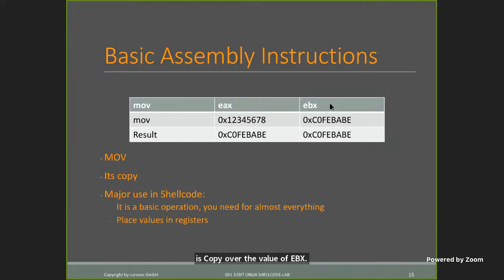In our scenario here, before the copy, in the next line, we have some hex numbers, 1, 2, 3, 4, 5, and so on. And in EBX, we have coffee babe. As soon as this instruction is executed, we have coffee babe in both registers.